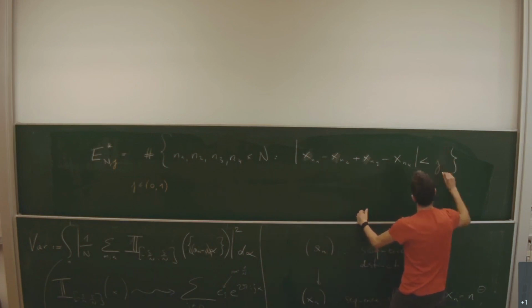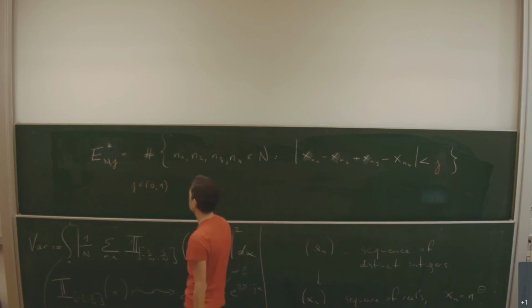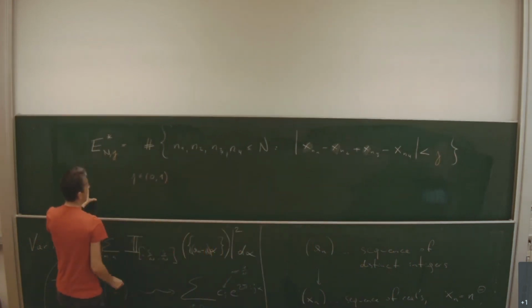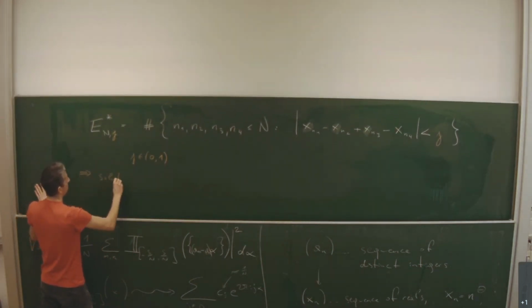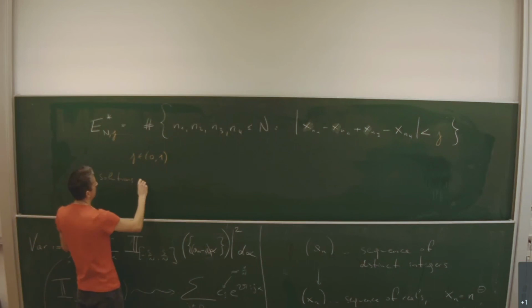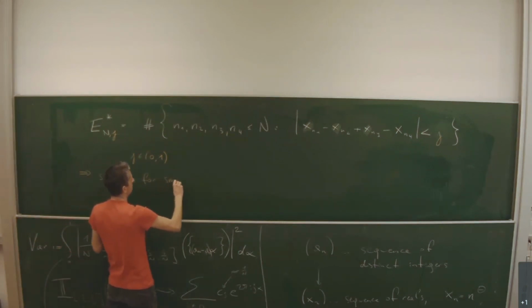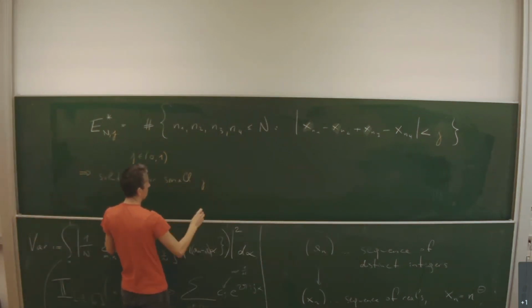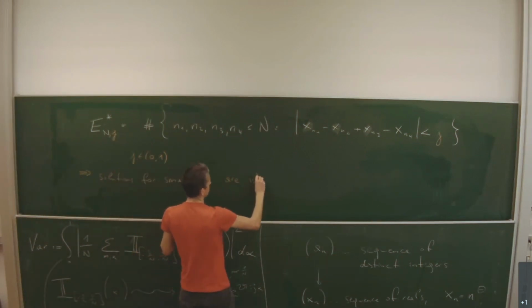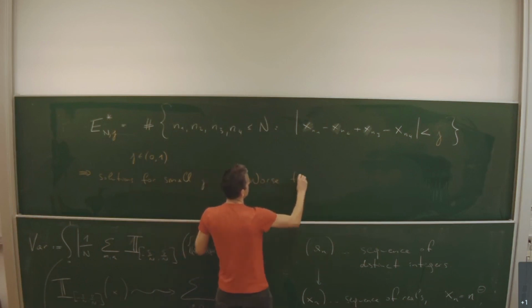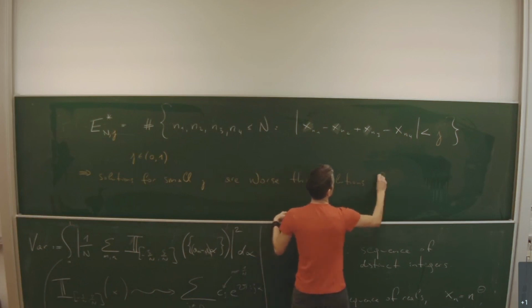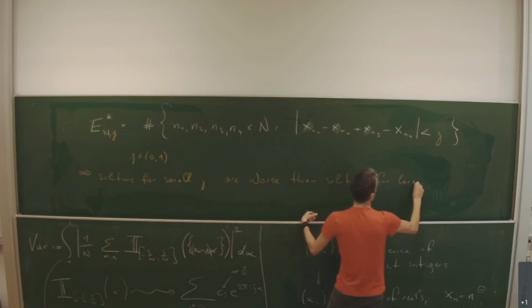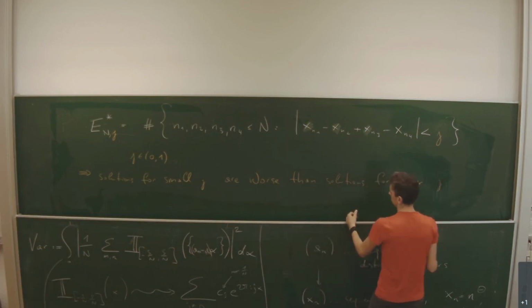And here you count solutions that are particularly close to 0. And it turns out that solutions of this inequality for small gamma, meaning gamma close to 0, are worse than solutions for larger gamma.